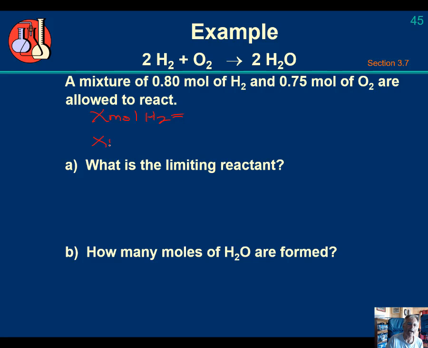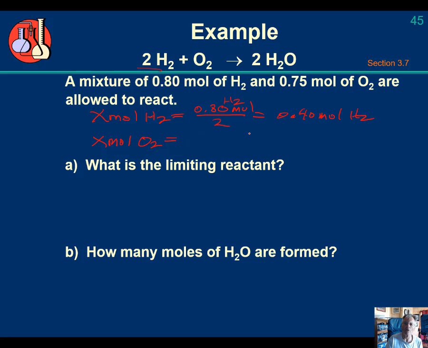And we've got X moles of O2. So for H2, I've got 0.80 moles of H2. My coefficient for H2 is 2, so I'm going to divide 0.8 by 2, which gives me 0.40 moles of H2.